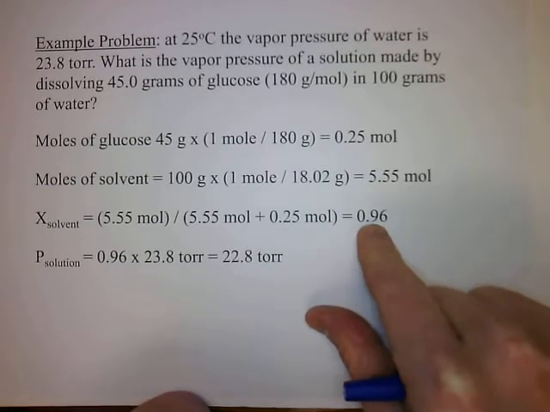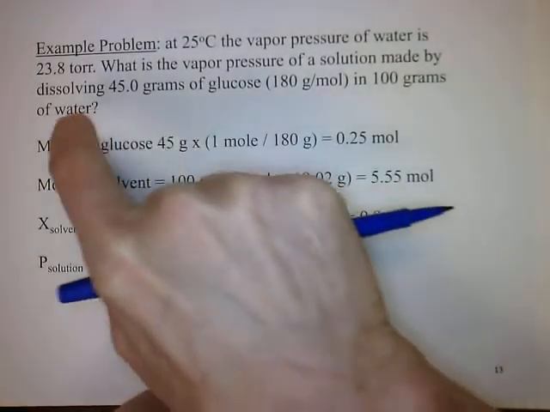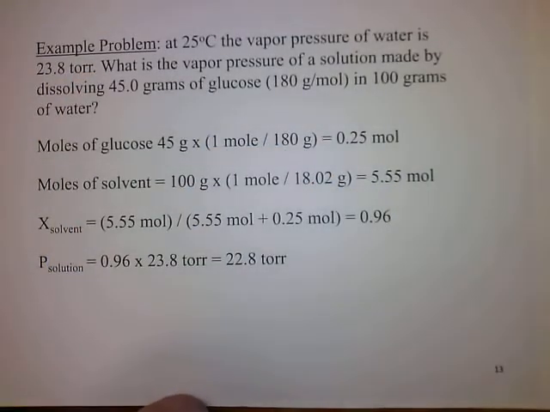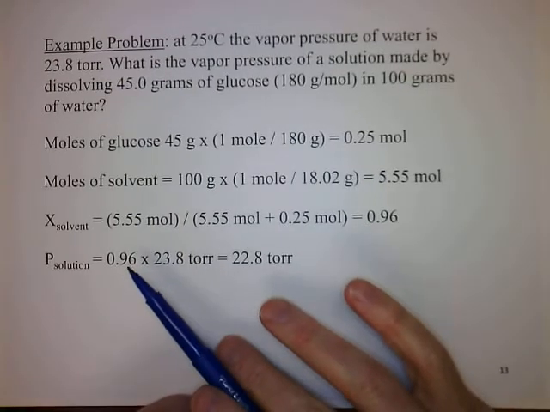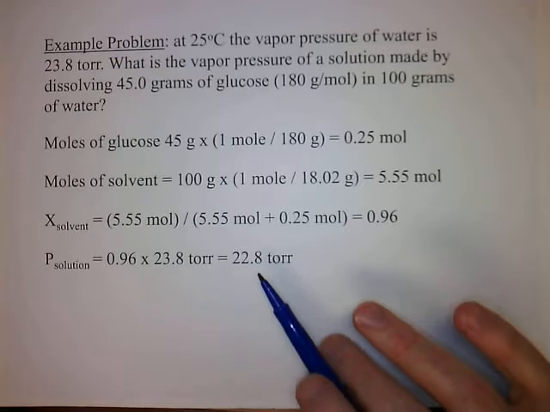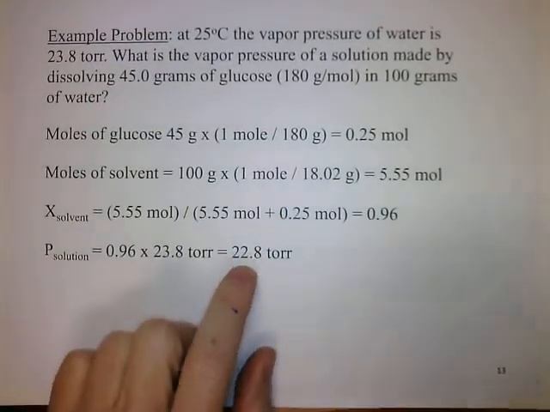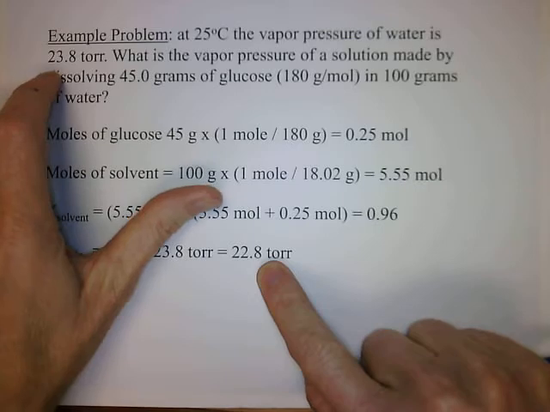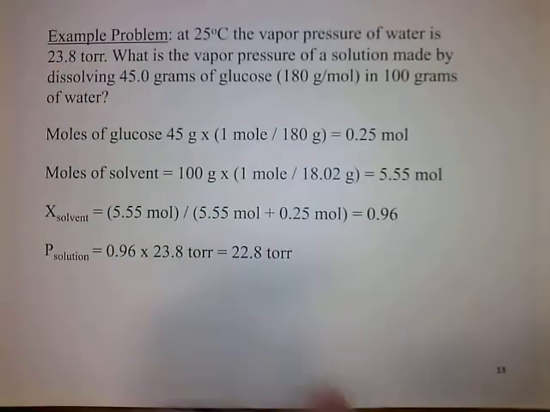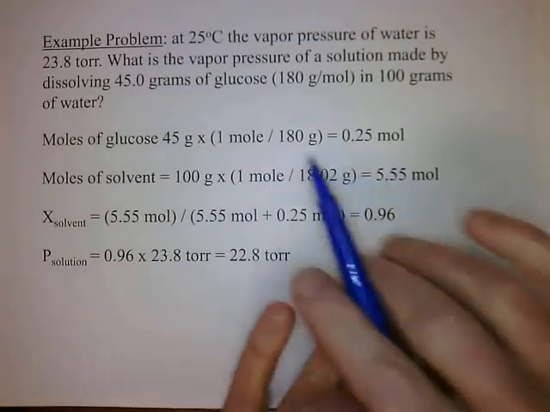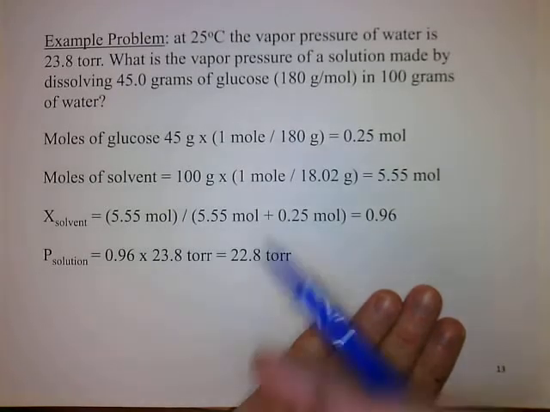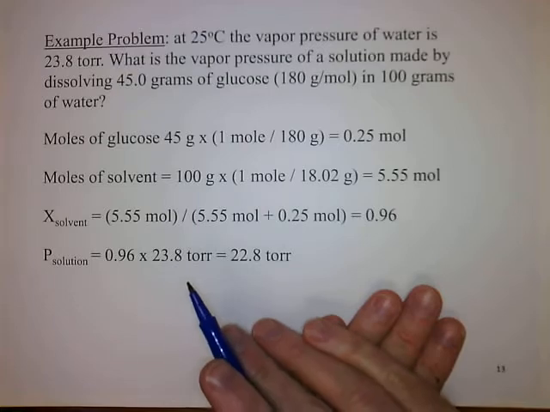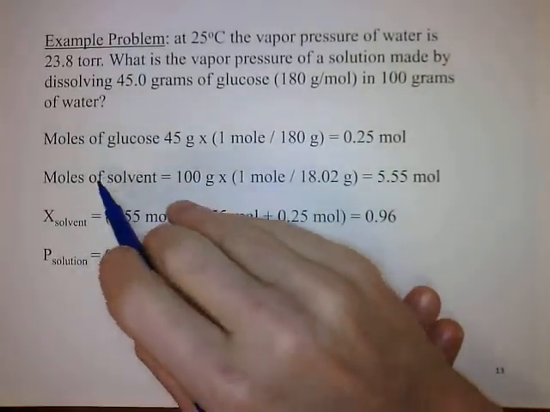So the vapor pressure drops to 96% of what it started with, the 23.8 torr. 23.8 torr times 0.96 is 22.8 torr. So the vapor pressure doesn't really come down that much, from 23.8 down to 22.8 torr.